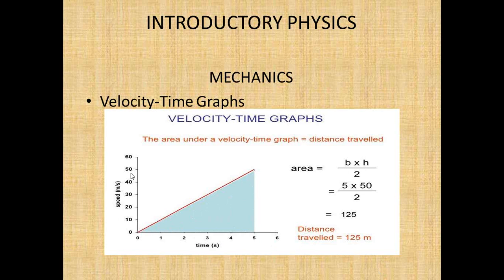So the height is the speed. At 5 seconds, the speed would be, say, 50 meters per second, and then the base would be 5 seconds. Okay, so that will give you the distance or displacement traveled. Very important. So you need to get this concept straight.